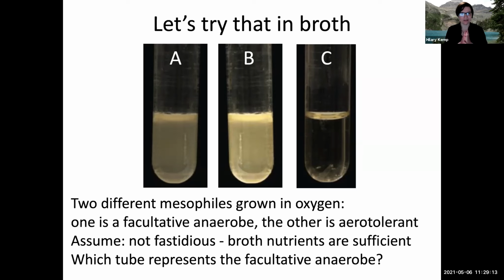So let me start over. Just clear your palate cleanser for the brain, put some orange sorbet in there or whatever. Let's ask which tube represents the aerotolerant one. Maybe that will be a little bit logically easier to answer. Which one represents the aerotolerant? One of these tubes is the facultative anaerobe, one is the aerotolerant, and there's one distractor.